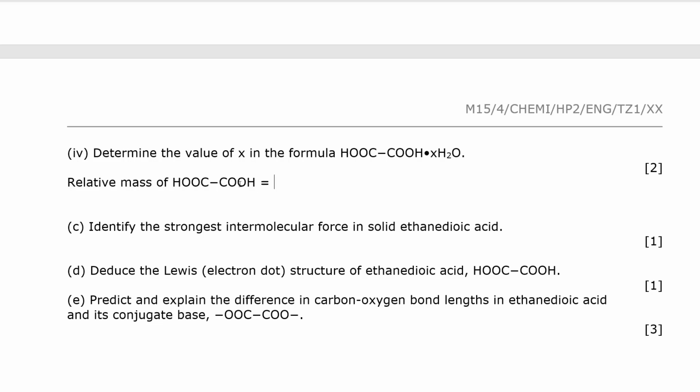Well, there's 4 oxygens, 2 carbons and 2 hydrogens. So that's 4 16s are 64.